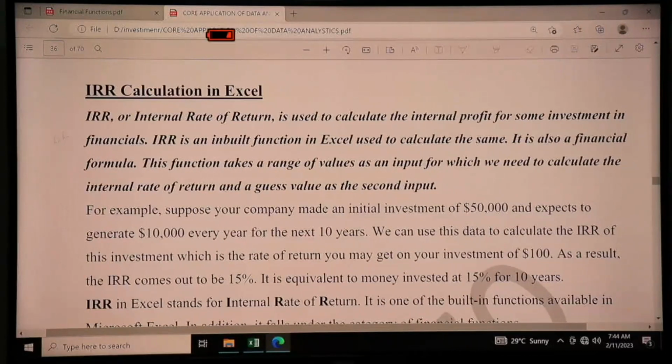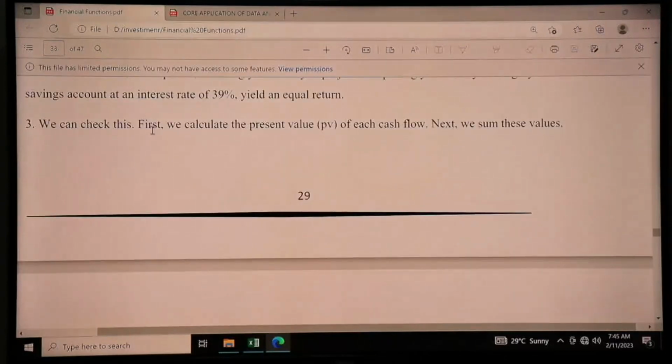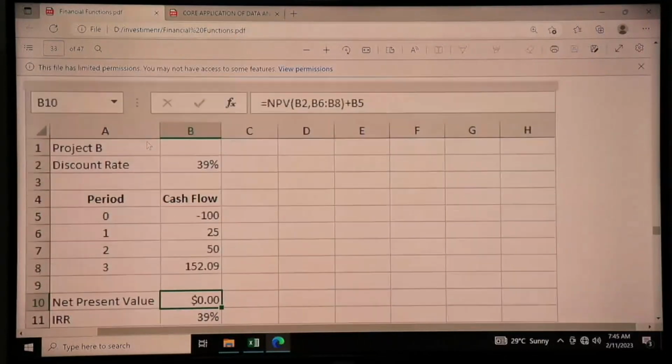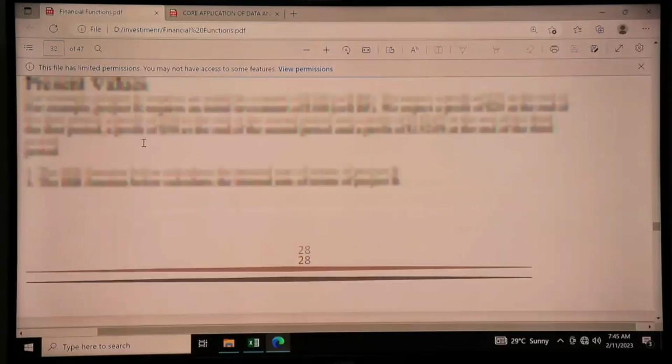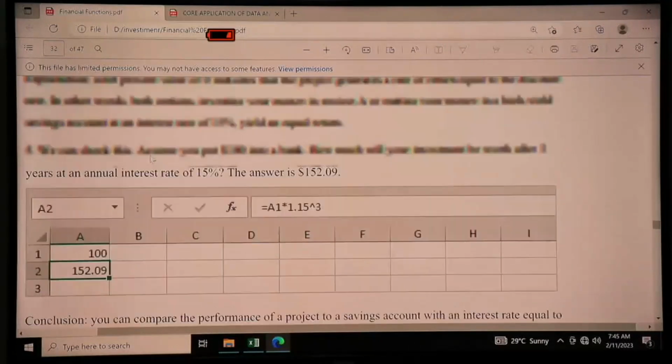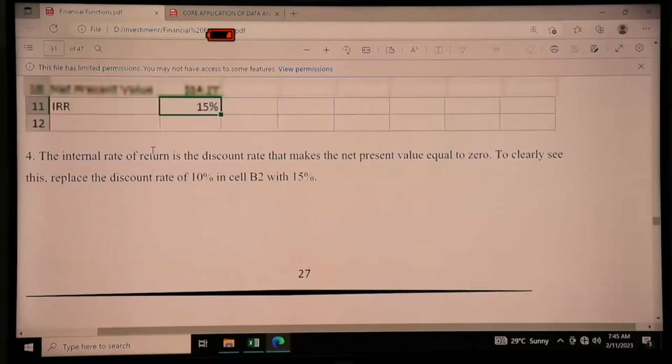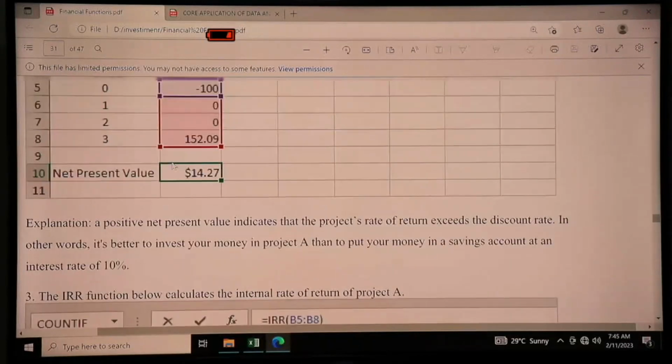In finance, it is a built-in function in Excel that we use to confirm whether the project is viable or not. In the booklet I sent you about financial functions, you will see the same covered there.